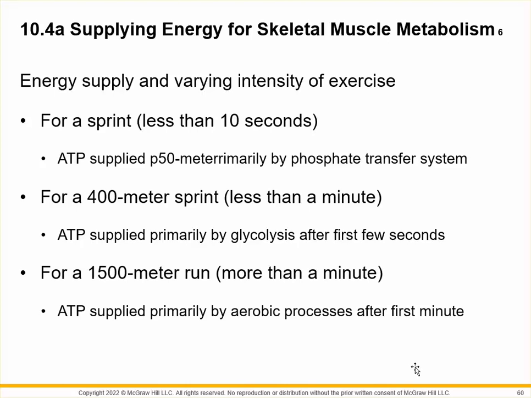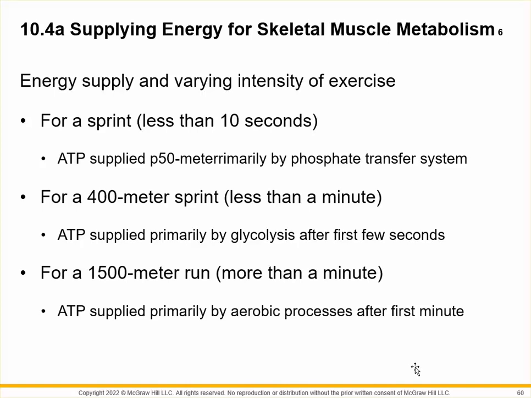If it's just a minute or less, we're primarily going to get it by glycolysis. And the reason that that's going to happen is because the whole aerobic cycle takes time, and the race is already over before you can supply that ATP.